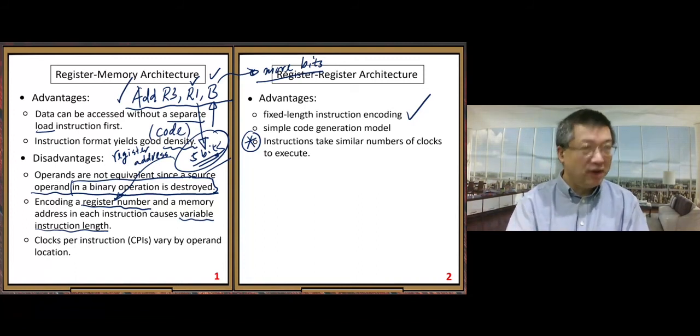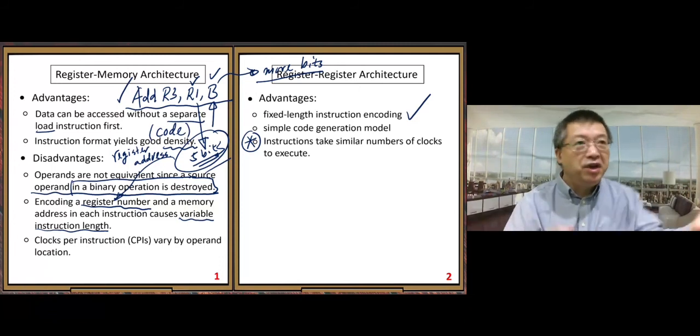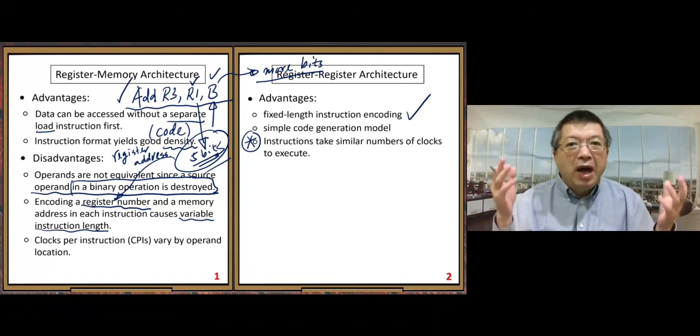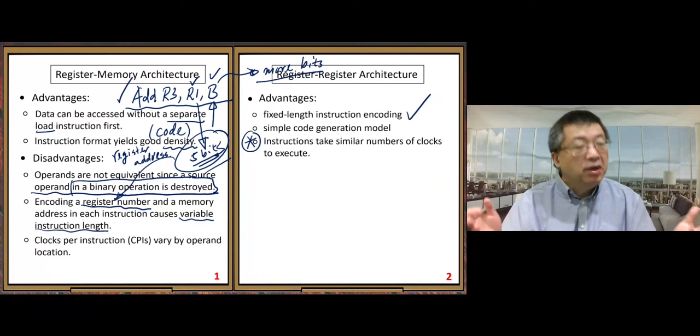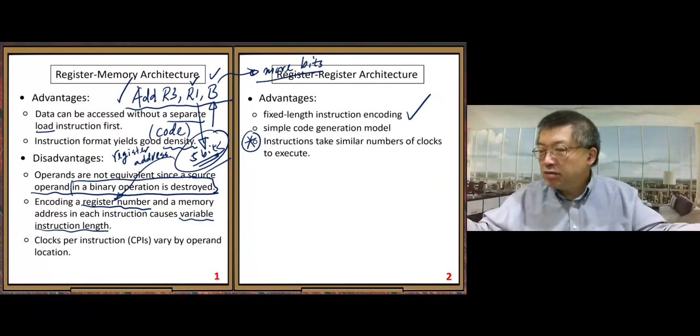Let me give you a simple example: addition and multiplication. You have an addition instruction and a multiplication instruction. When you do addition, it is very fast. When you do multiplication, it is very slow. How can you have a similar number of clocks to execute an addition instruction and a multiplication instruction?